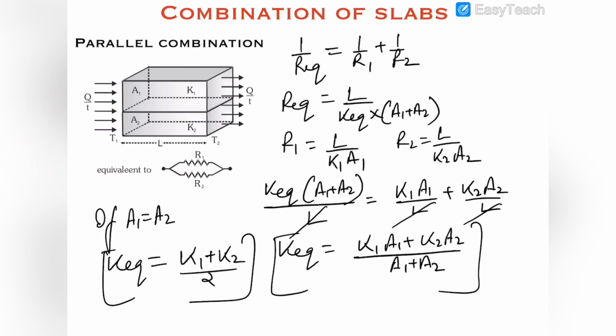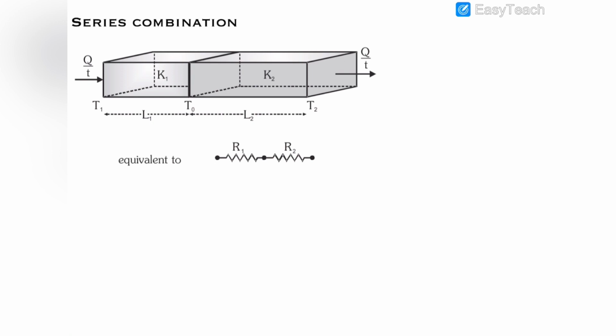Therefore the heat current passing through both of them can be different, but the temperature difference would be the same, similar to the fact that in parallel combination the potential difference across these two resistances is the same, but the current passing through them might be different.